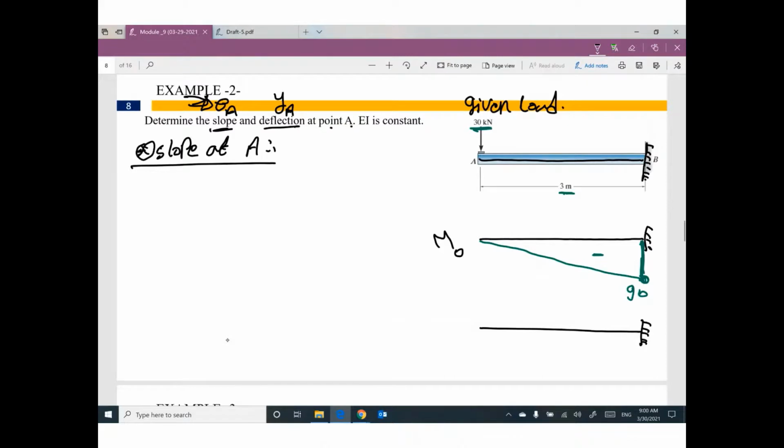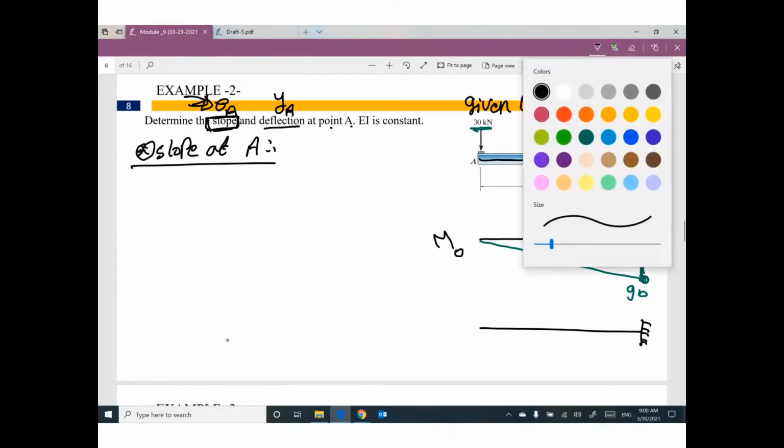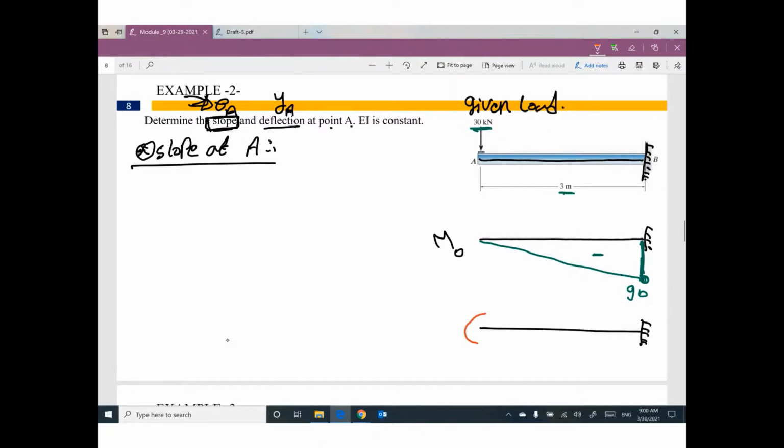If you would like to get slope at A, I will go to A and put moment 1. That makes sense? Third step, what is the bending moment diagram due to the new load? I think this moment will be 1 here, and this one will remain constant, positive.